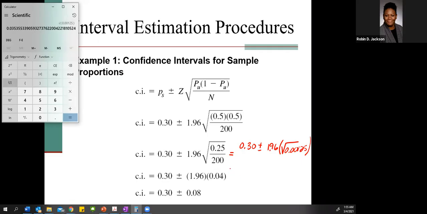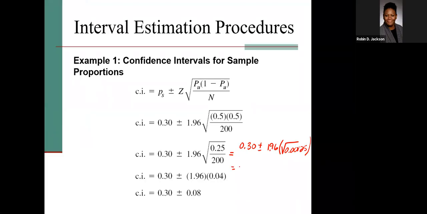So then it becomes this right here. So basically this becomes 0.30 plus or minus 1.96 multiplied by 0.04. Okay. And then that's how you end up with the rest of the information that you see down there at the bottom of the screen.